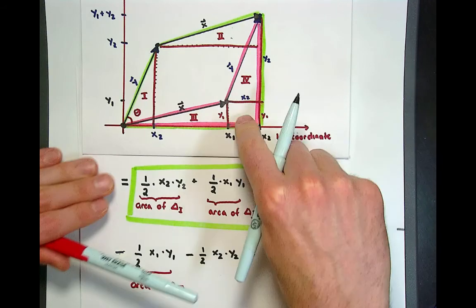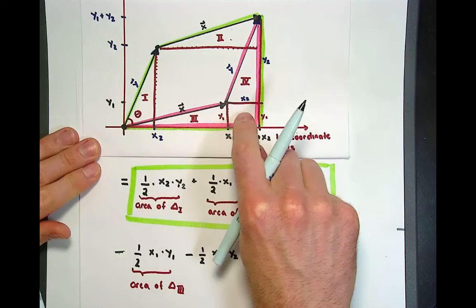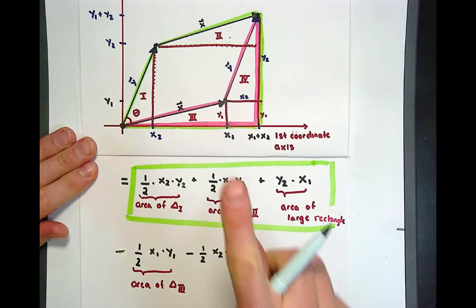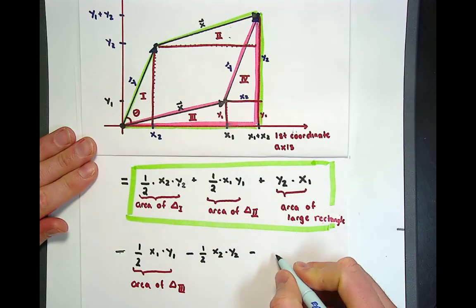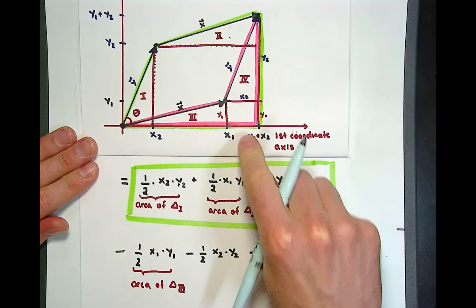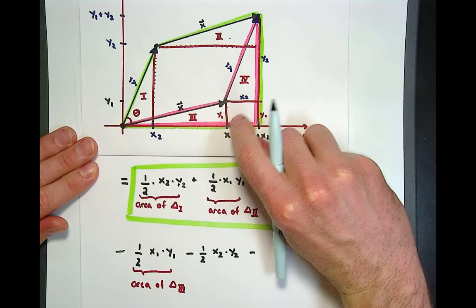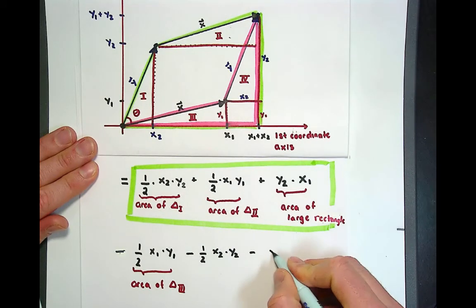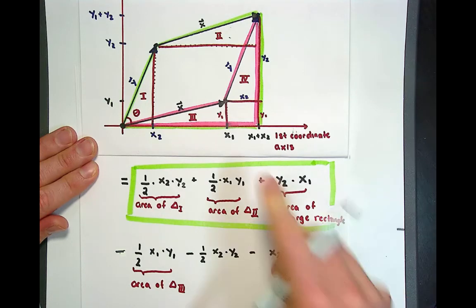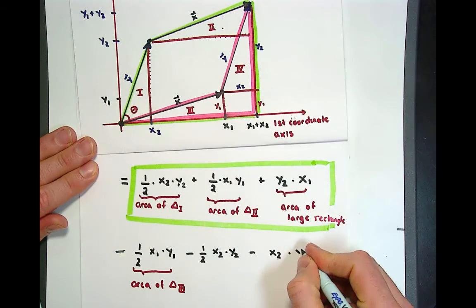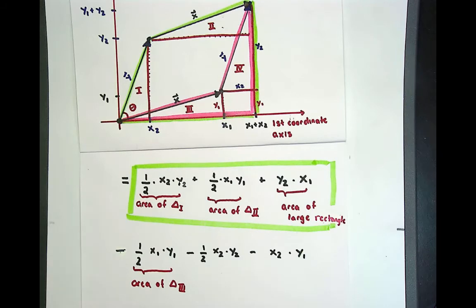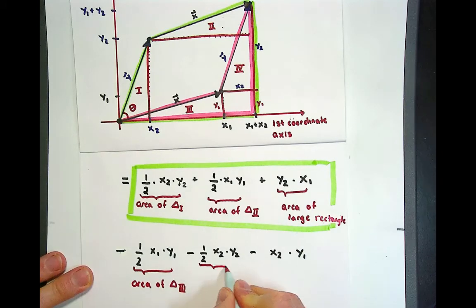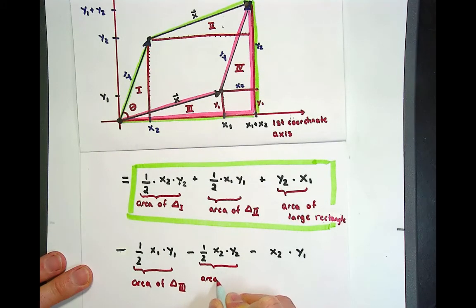And then finally, we're going to subtract away from this the area of the small rectangle. I almost fell in the same trap again. The area of the small rectangle is going to be the width of that rectangle, perhaps we call that x2, times the height of that rectangle, which is y1. So just to make this super clear, this was the area of triangle 4.